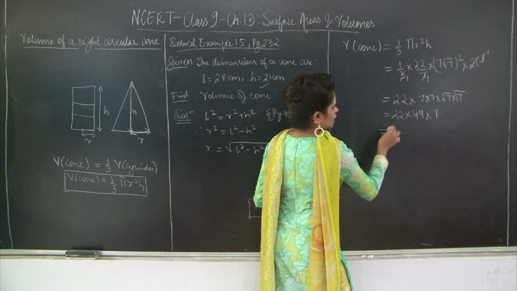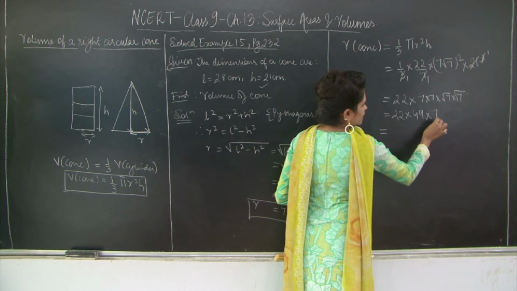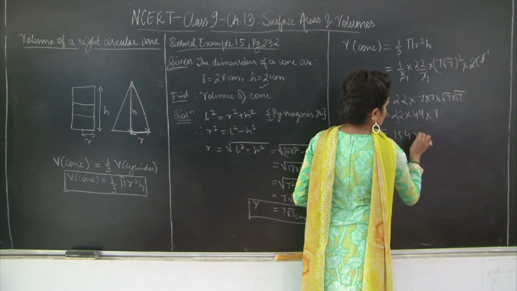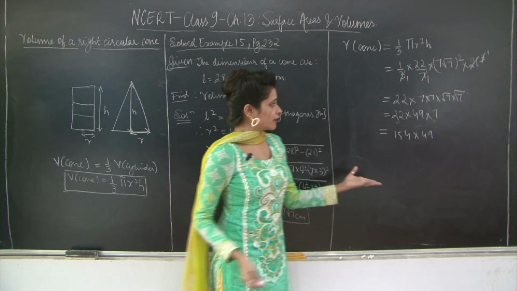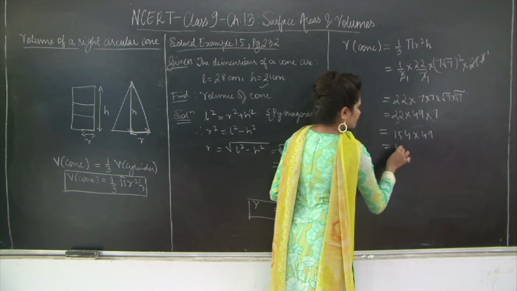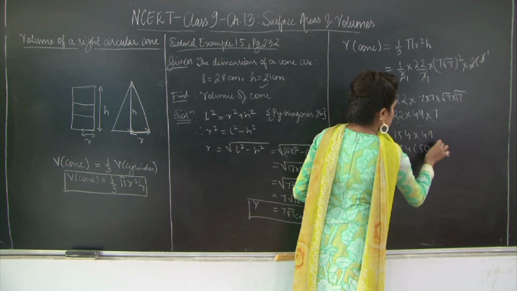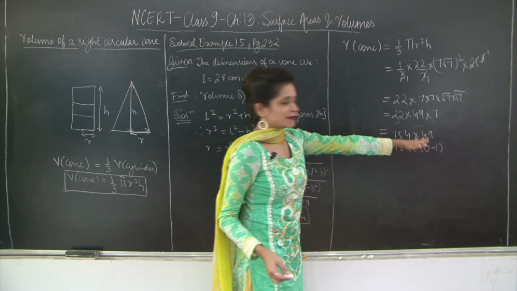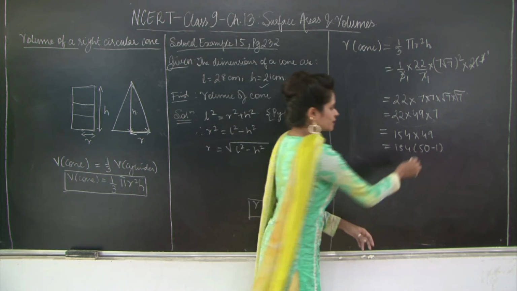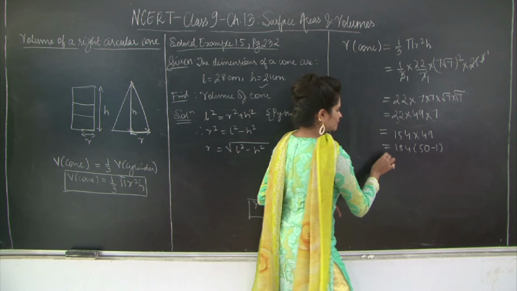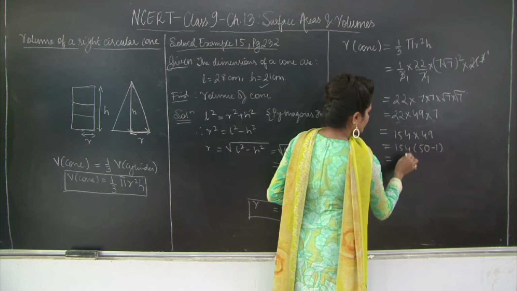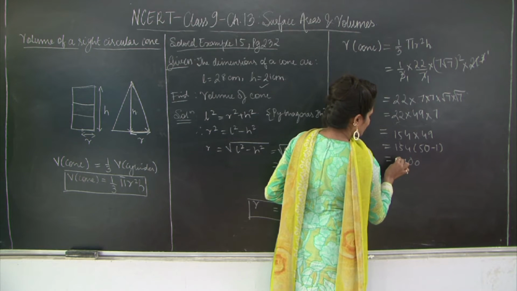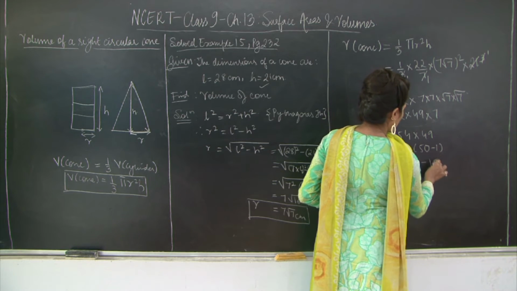So let's check now. I am calculating 22 into 7 first. So 22 into 7 will give me 154, into 49. So 154 into 49 can be written as 154 into (50 minus 1). You could have even taken 40 plus 9 instead of 50 minus 1. What I am doing is just splitting 49 into the sum or the difference of its terms, 50 minus 1. So 154 into 50 will give me 7700, minus 154.